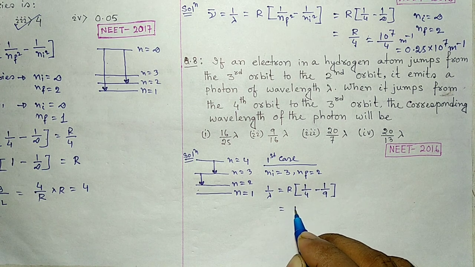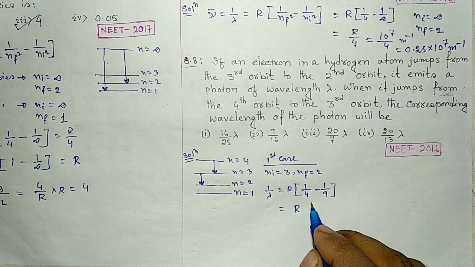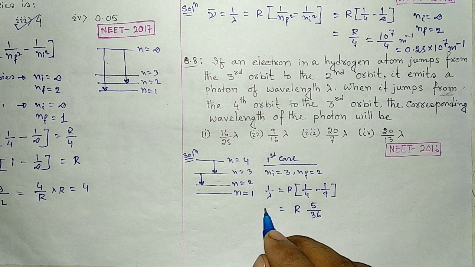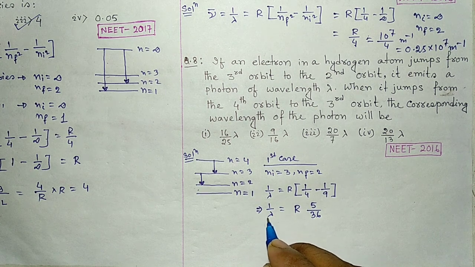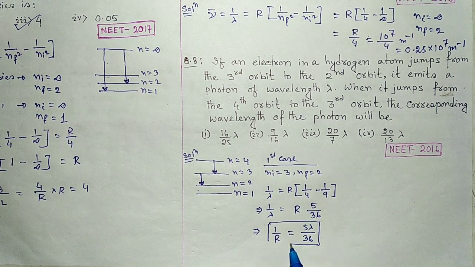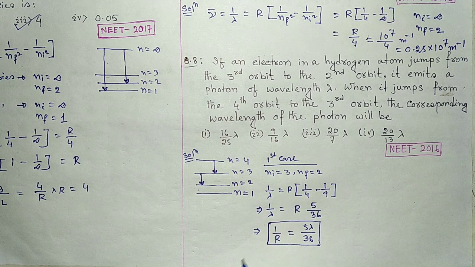It is equals to R into 5 by 36. Now this is 1 by lambda. Now 1 by R equals to 5 lambda by 36. As R is a constant, 1 by R is also a constant quantity.